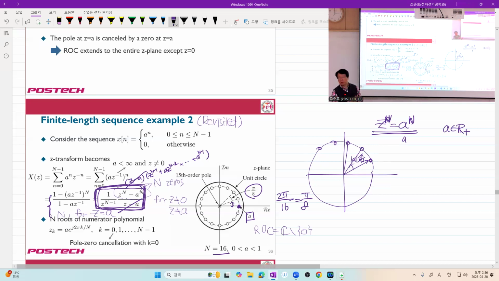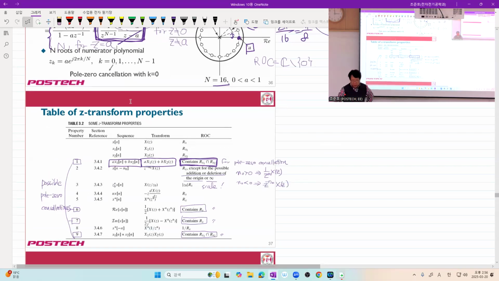Same as the previous, as far as you have non-zero term factors in the numerator and denominator, you can cancel. If that occurs in the rational function of z, what happens? You cancel a pole with a zero. Got it? So it's pole zero cancellation.